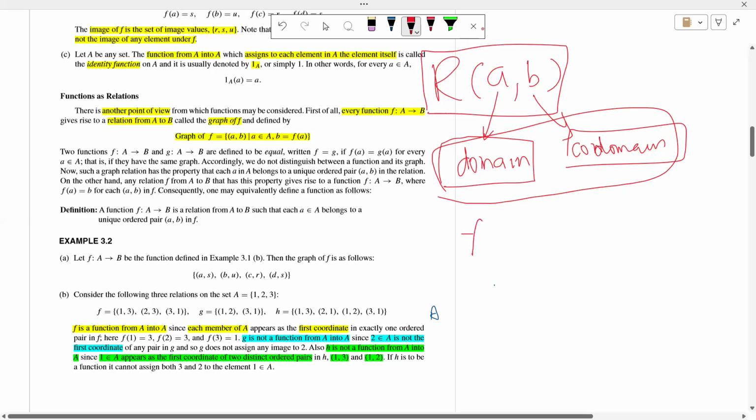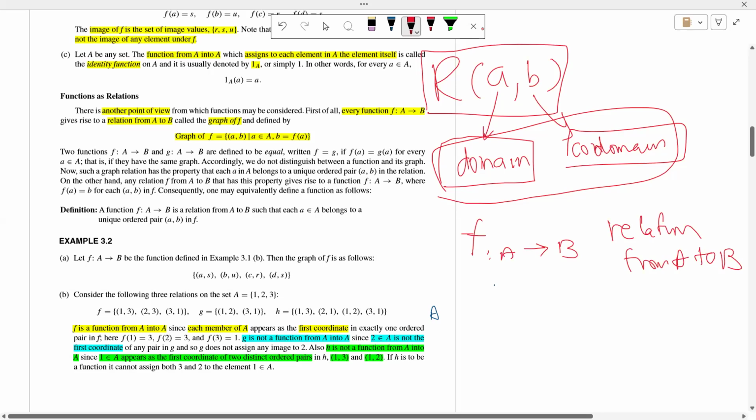We know a function f from A into B is equal to a relation from A to B. We can call this the graph of the function. We can discuss those things later.